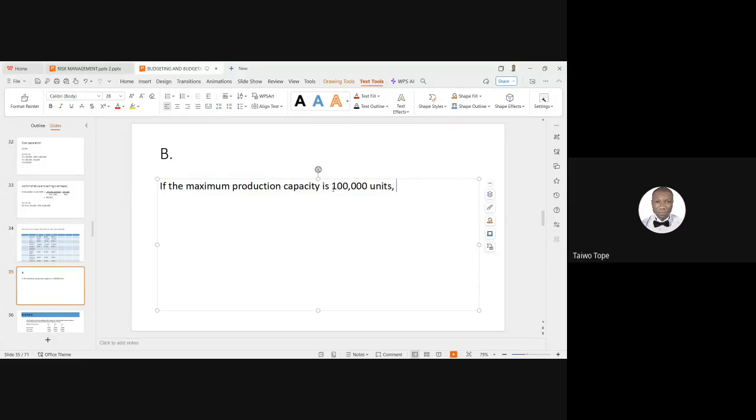If the maximum production capacity is 100,000 units, then 1% activity level will be what? It is 1,000 units.